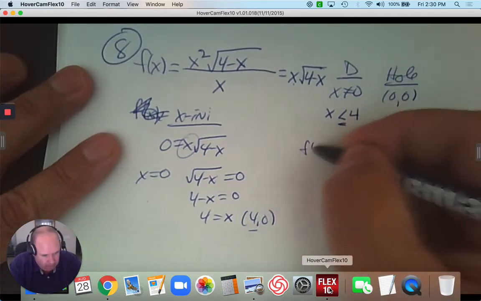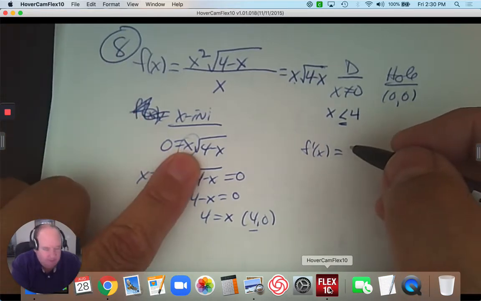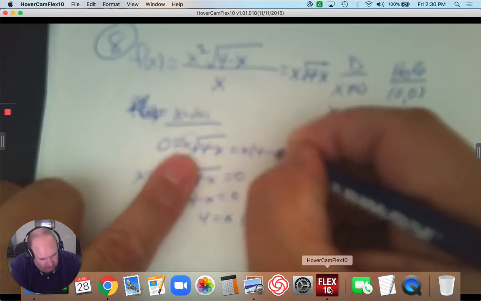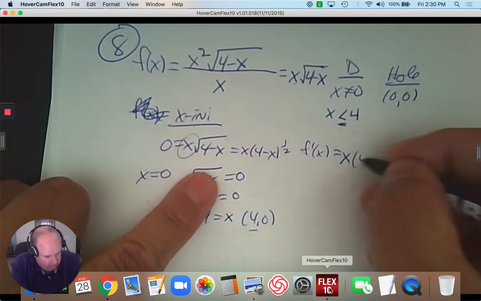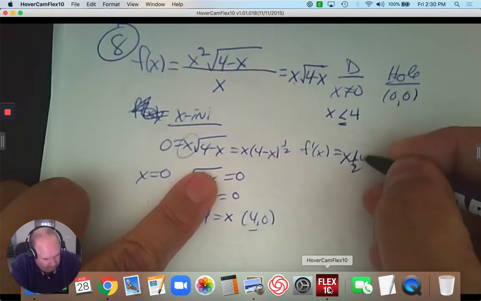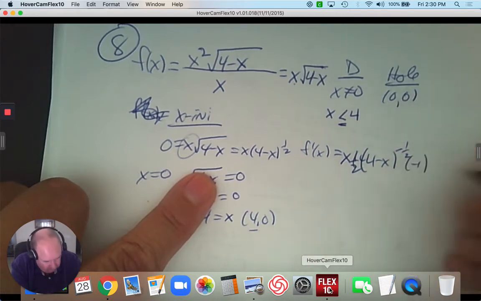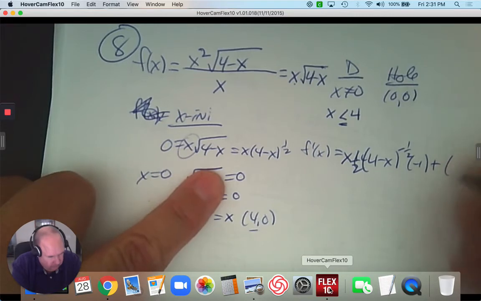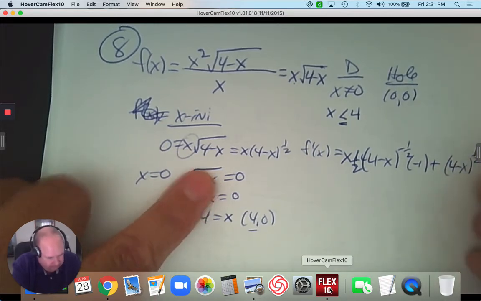Now, the derivative. If I take the derivative, I need to write this so it's calculus friendly. That's the first times the derivative of the second. It's going to be the chain rule. Plus the second times the derivative of the first.